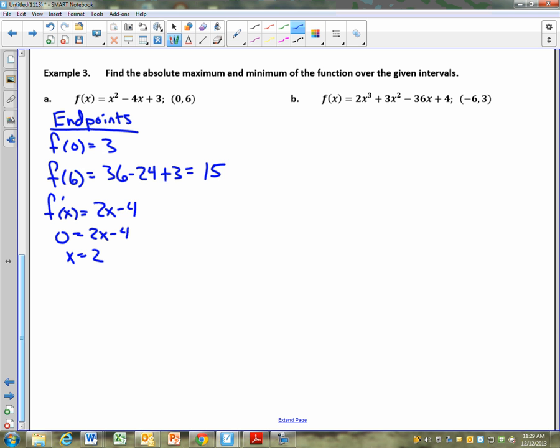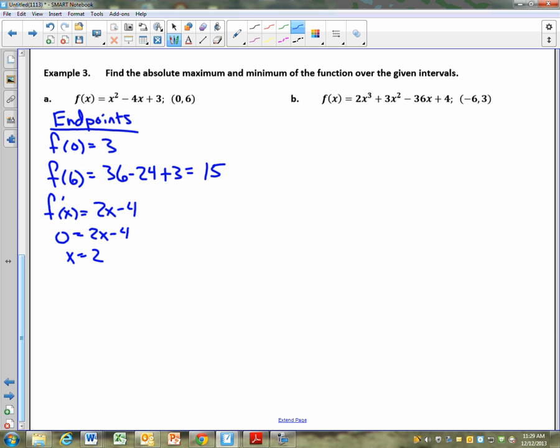So I know that at 2 the derivative is 0. That means I have a critical point at 2, and it's going to be a local max or a local min. From what we know about parabolas, does this parabola go up or down? It goes up. So is this a local max or local min? Min. If a parabola goes up, it's got a minimum.